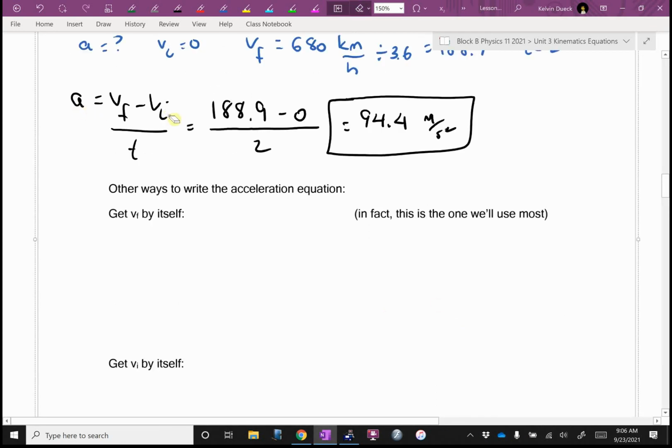This acceleration equation, how many variables does it have? Well, it's got an A, a VF, a VI, and a T. So how many variables? Do you know how many equations that actually is? It's 4 equations in one. You can memorize all 4 equations if you want. Please don't.